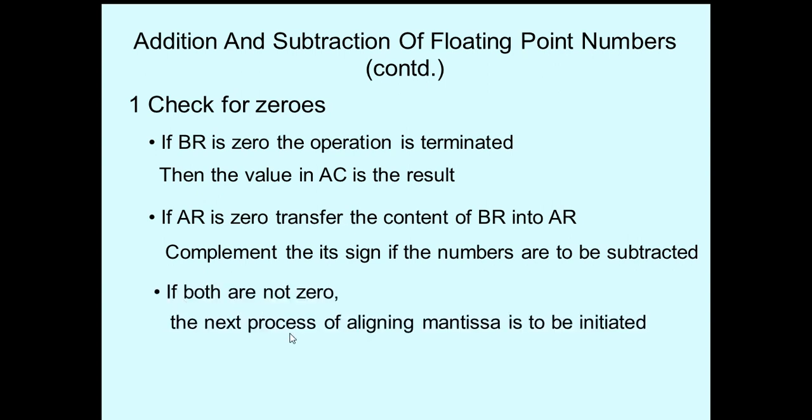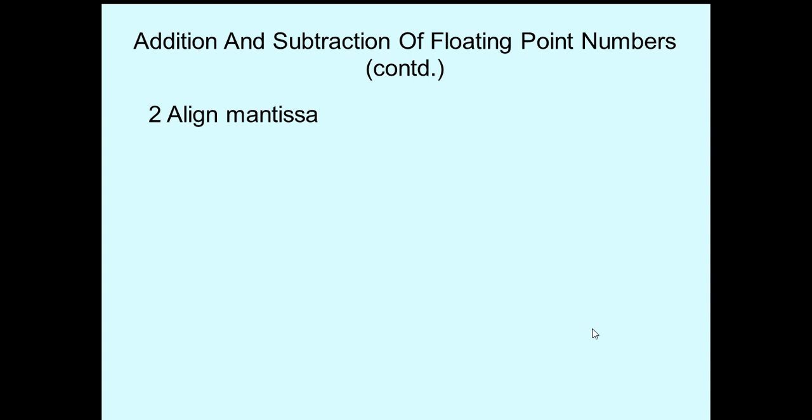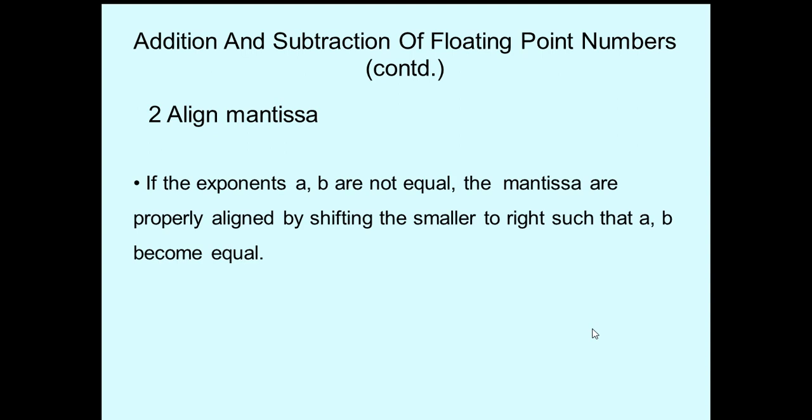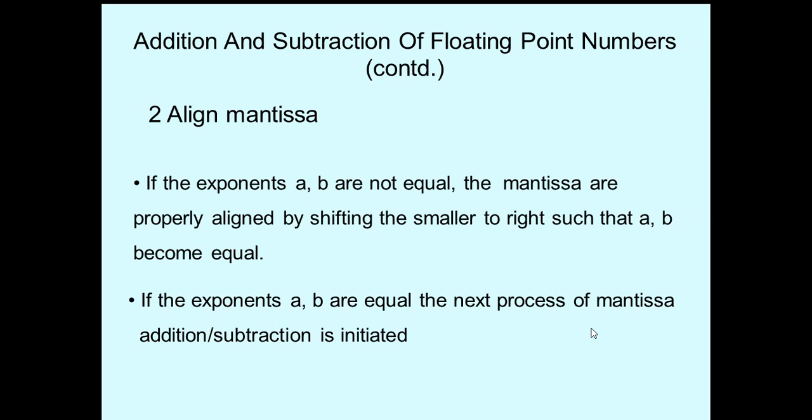If both are not 0, the next process, aligning the mantissa, is initiated. Aligning the mantissa means that if the exponents a and b are not equal, the mantissas are properly aligned by shifting the smaller one to the right such that a and b become equal. If the exponents a and b are equal, the next process of mantissa addition or subtraction is initiated.